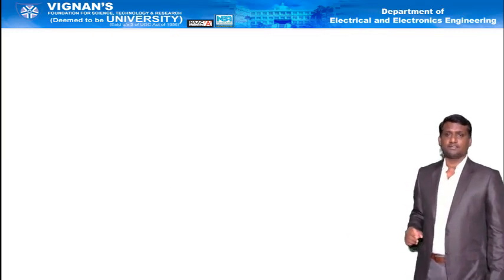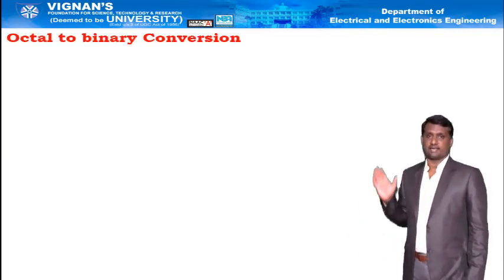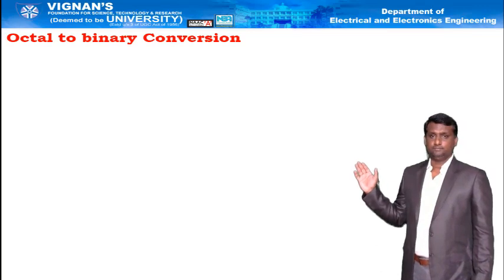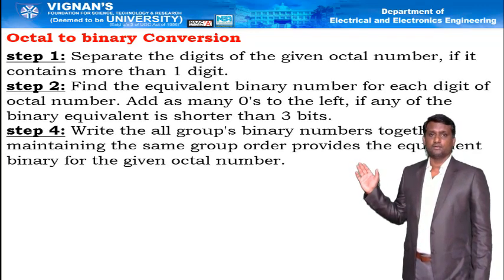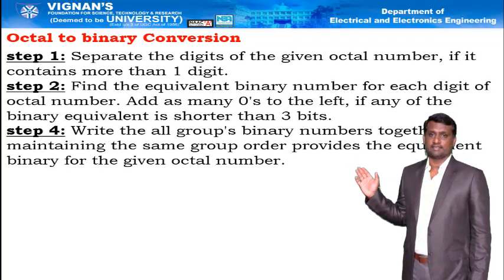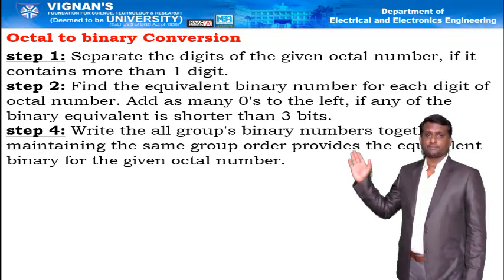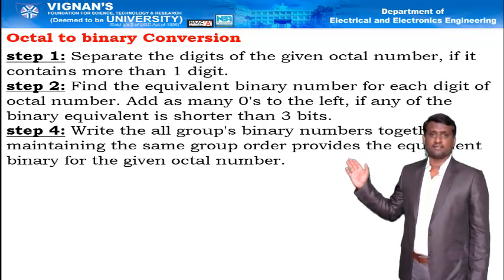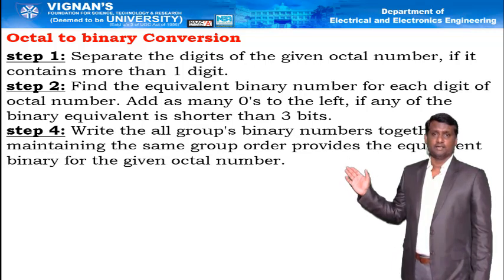The second part is octal to binary conversion. Here we have to follow 3 steps. One is to separate the digits of the given octal number if it contains more than 1 digit.